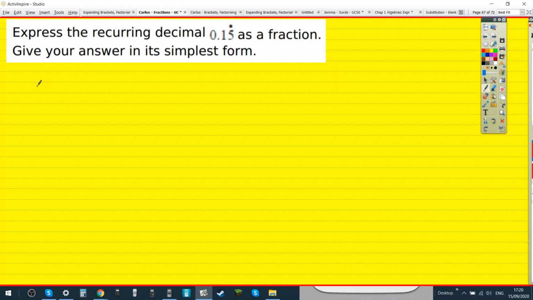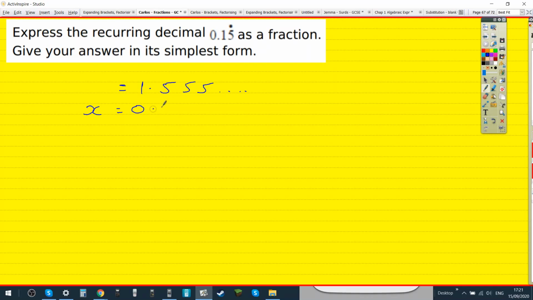When you times it by 10, it will become 1.5555. Oh no, it's just 5 because 1 isn't recurring. So then you do x, and x would be 0.155555. Yeah.